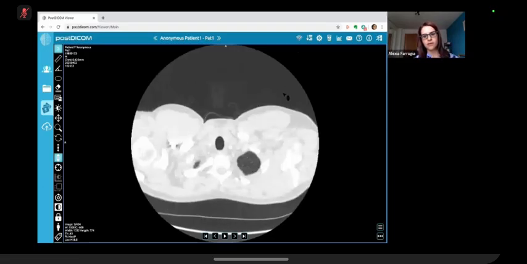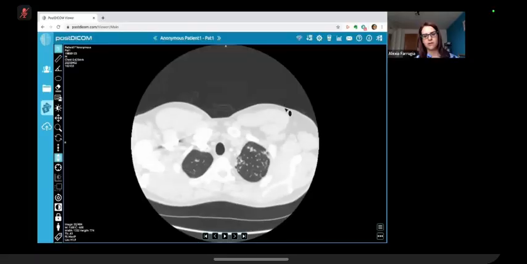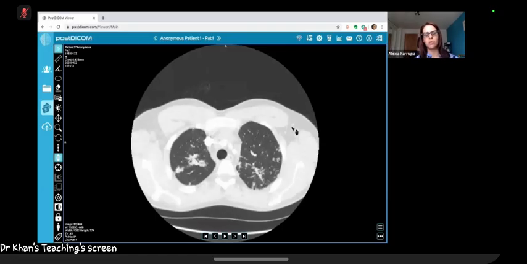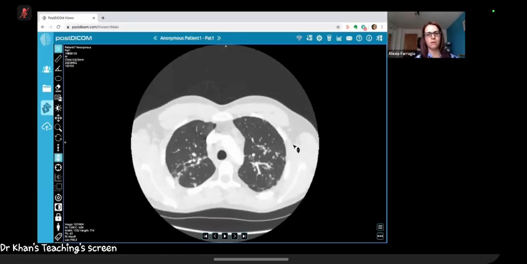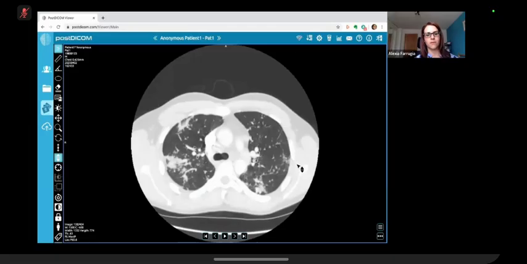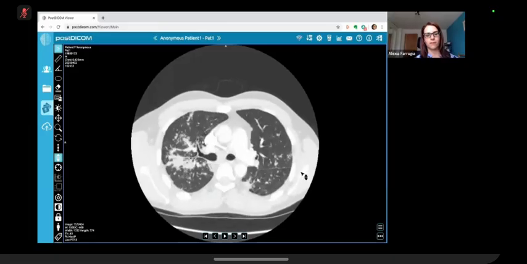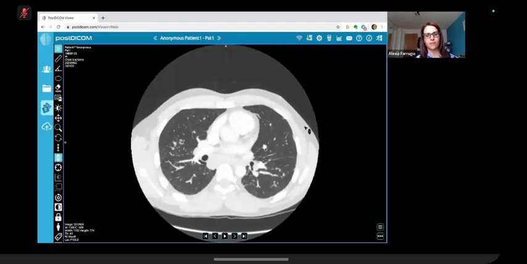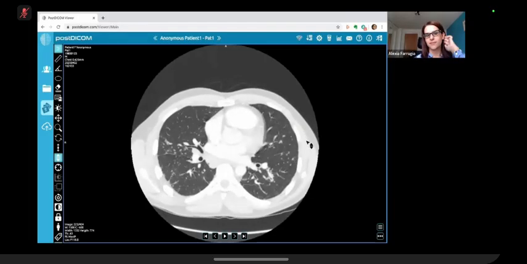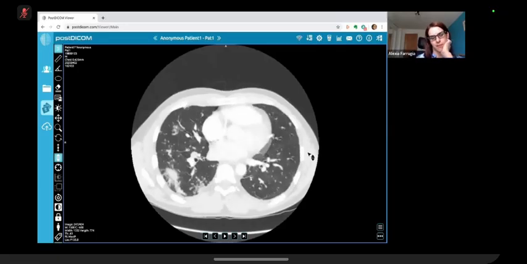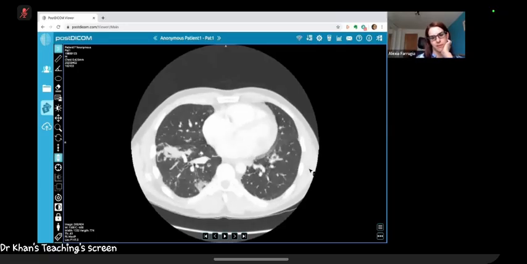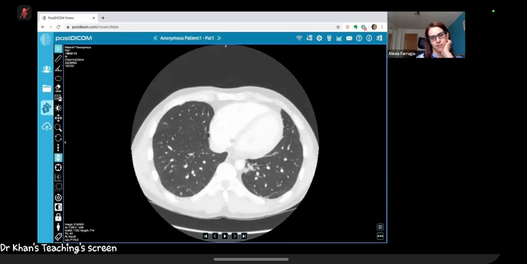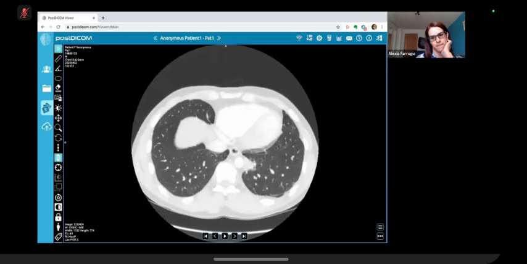So you'll have a look at the lungs now, and then try and put everything together: what you saw in the mediastinum with what you're seeing now within the lungs.